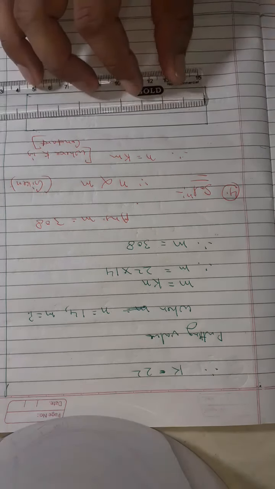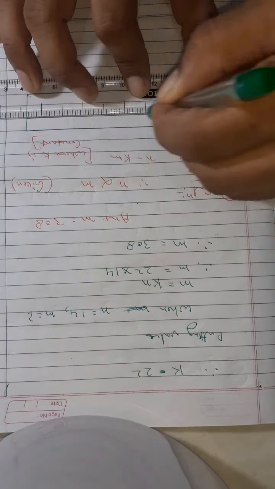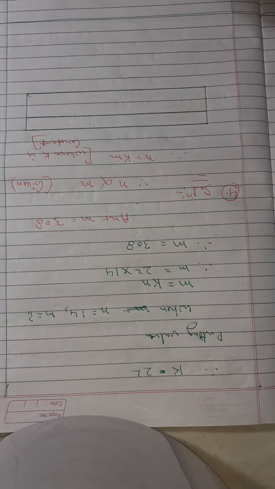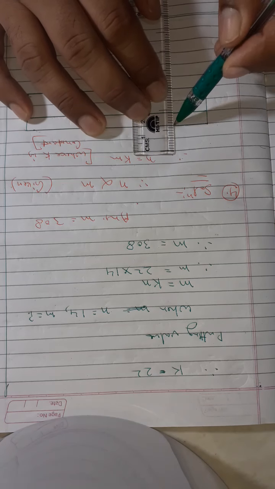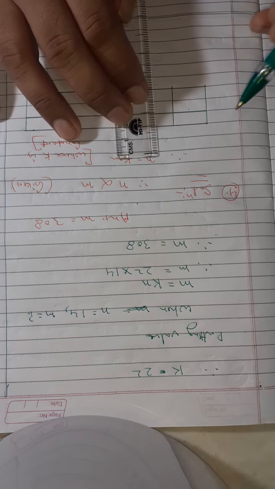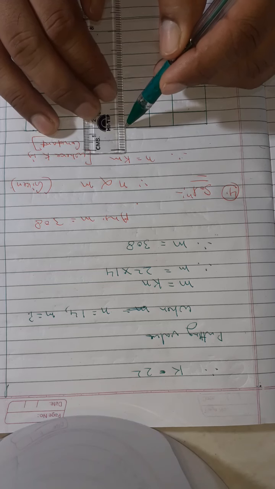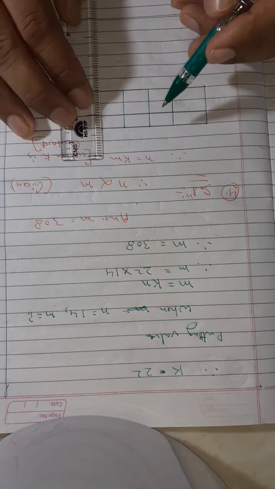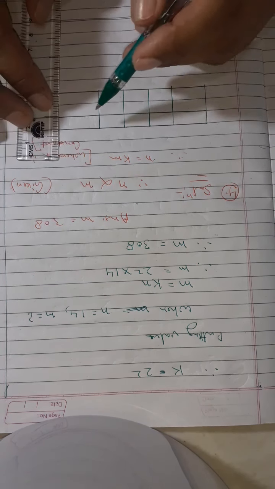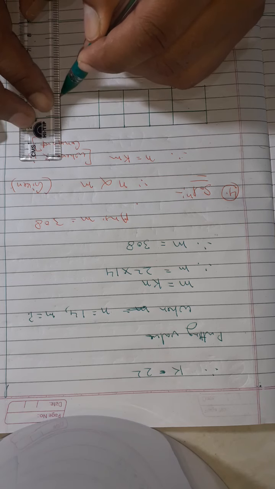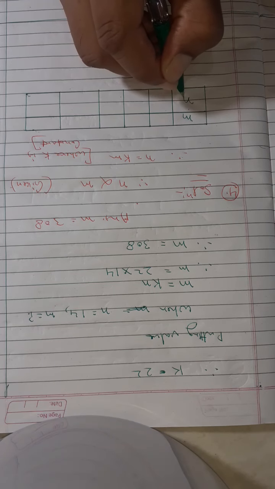So here one value is m and the other one is n. Here is m, and this is n.